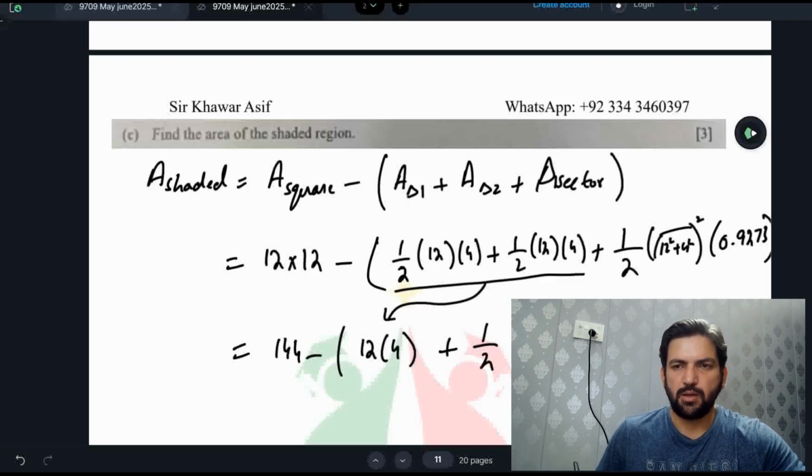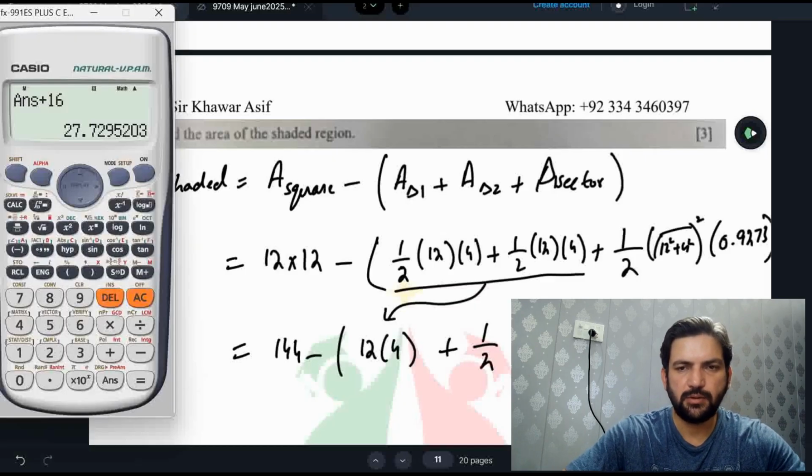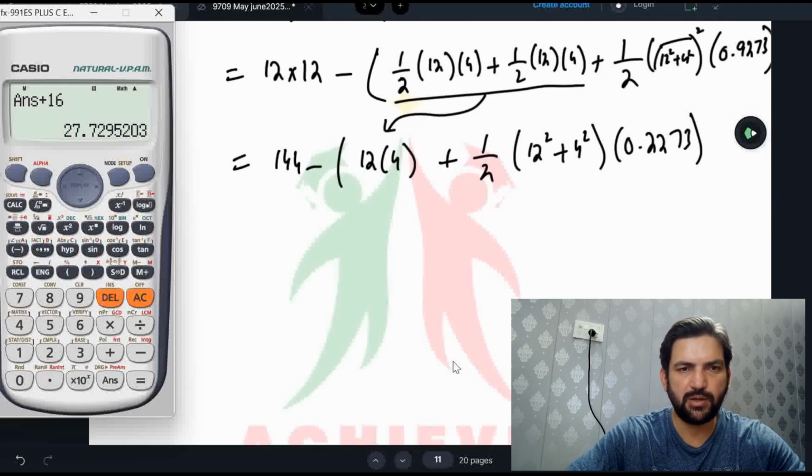Now just use the calculator. So we can use the calculator like this: 12 squared plus 4 squared. The answer is 160.